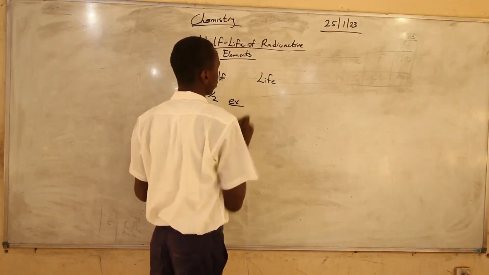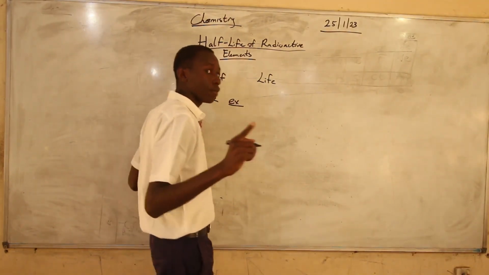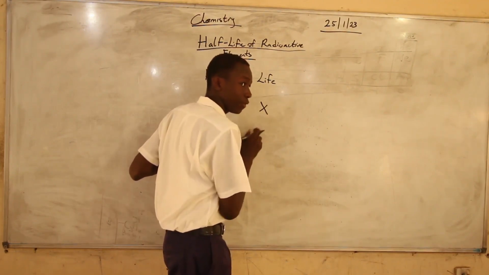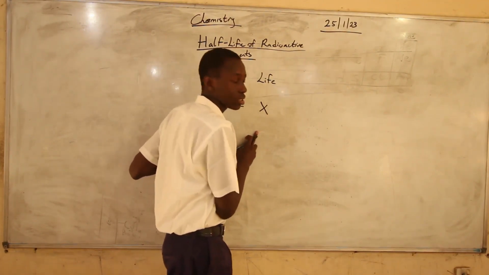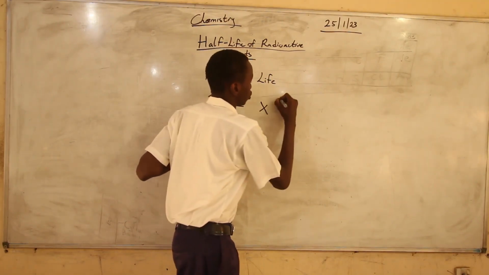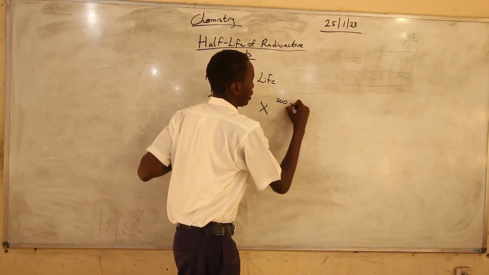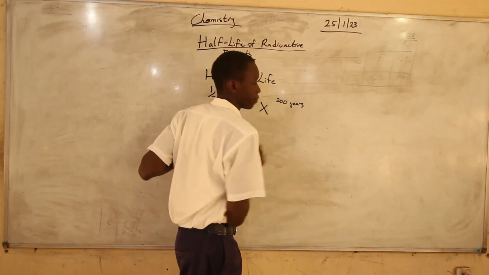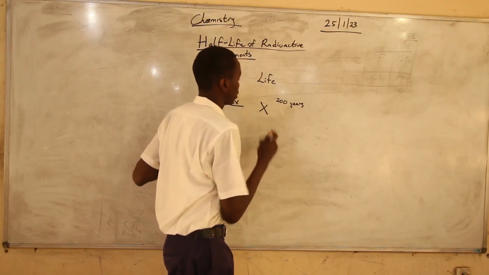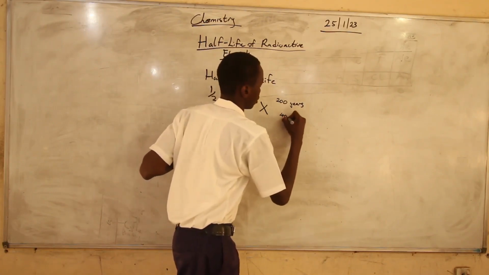For example, if you have an element X, and the half-life of element X is 200 years, and the total atoms of element X is 400.